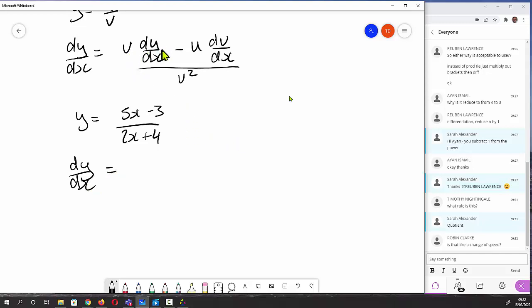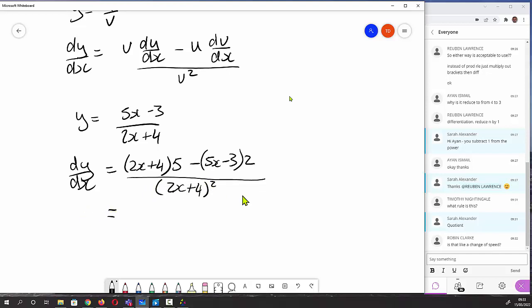So it's v du dx, so v is 2x plus 4, so there's v, and du dx is just going to be 5, isn't it? And then I'm going to be minus u, which is 5x minus 3 bracket times dv dx, which is just going to be 2, and that's all divided by 2x plus 4 squared.